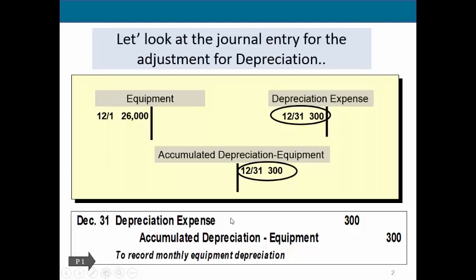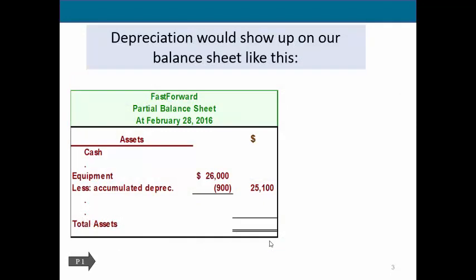So we have depreciation expense of $300, and then we want to increase this accumulated depreciation, which is a contra asset account. So it works the opposite way of regular assets, and that's why we are increasing accumulated depreciation here with a credit. So this is our journal entry for depreciation expense.